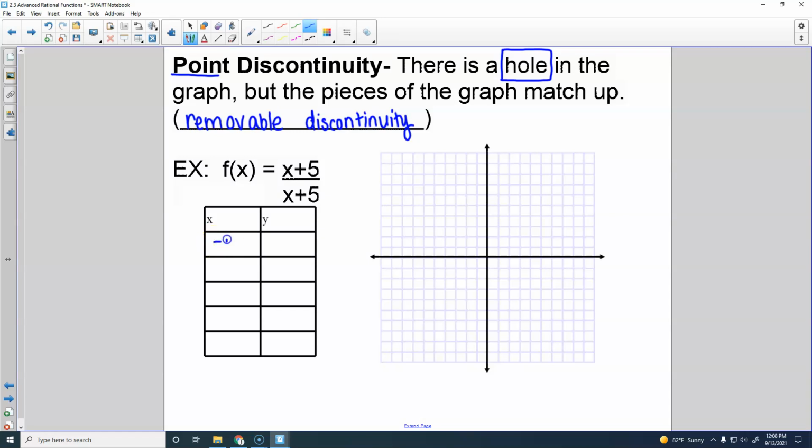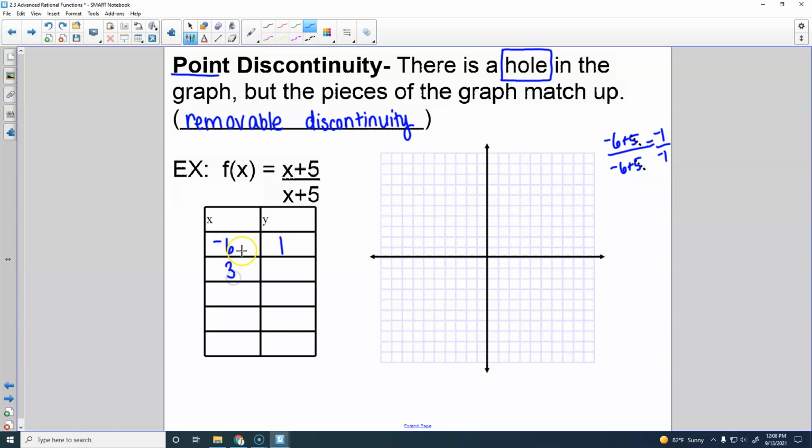Negative 6. So if I plug in negative 6, I've got negative 6 plus 5 over negative 6 plus 5, which is negative 1 over negative 1. What does that give us? Positive 1. Okay, give me another number to plug in, something between negative 10 and 10. 3.